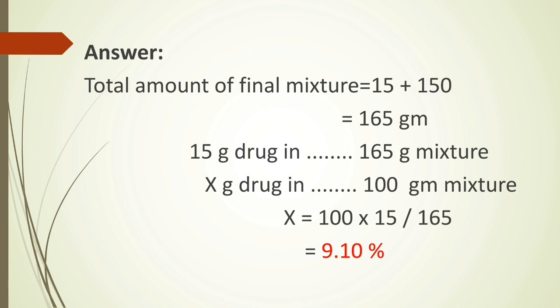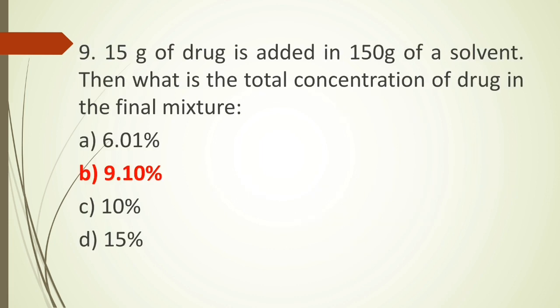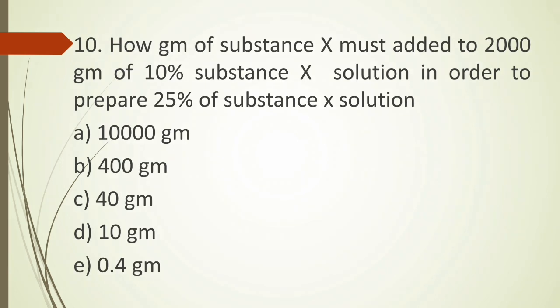So the percentage of the drug will be 15 divided by 165 into 100, that's equal to 9.10%. So the correct option is option B, 9.10%.